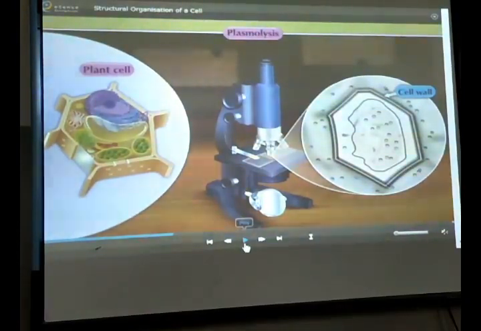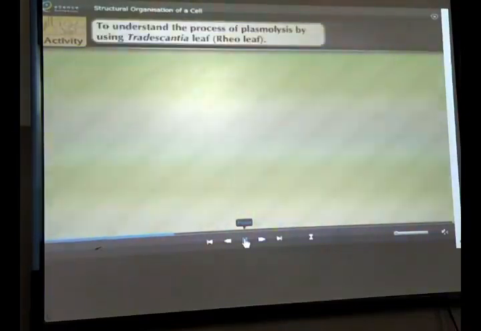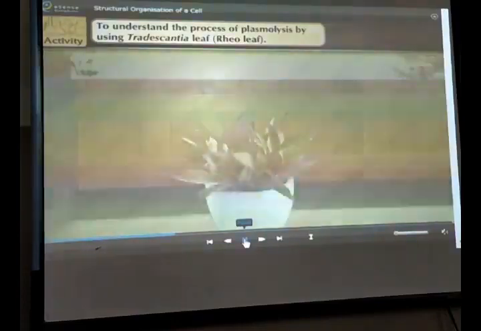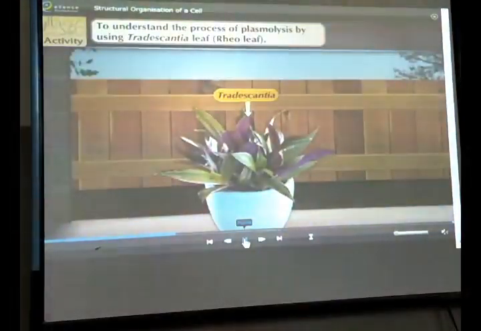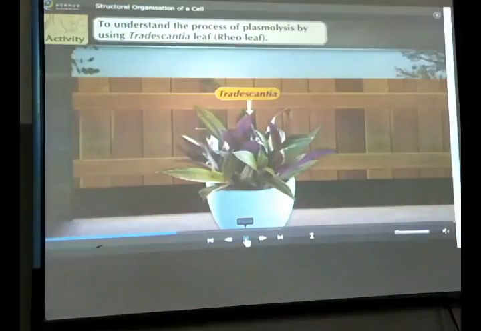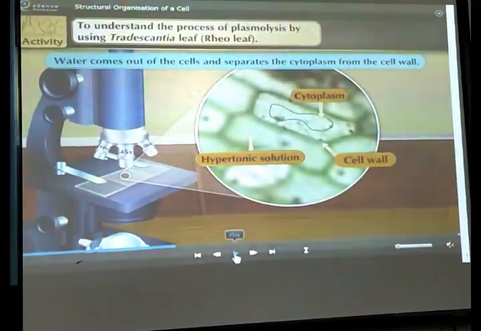This slide shows how water comes out from the cell and separates the cytoplasm from the cell wall.